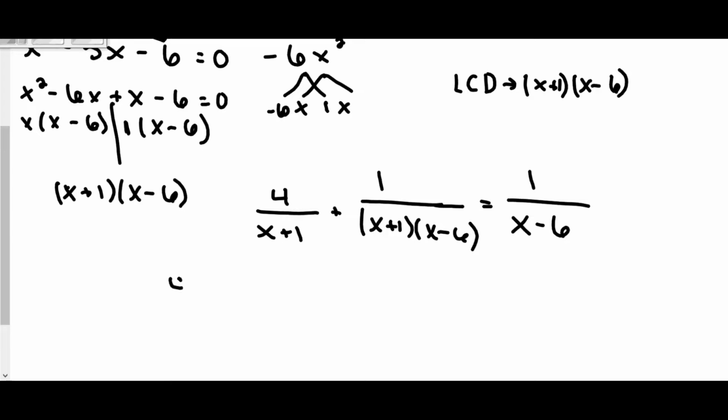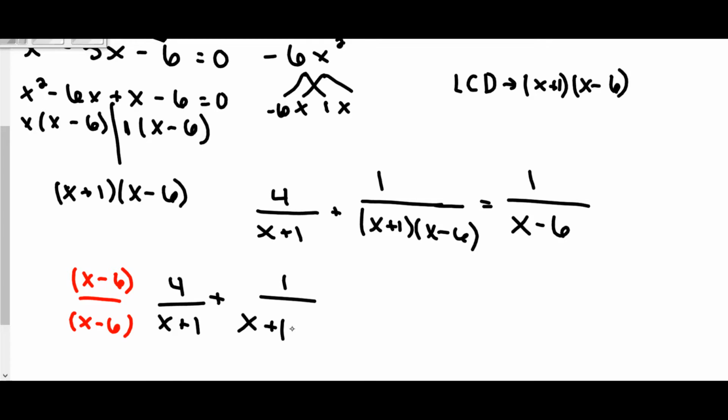So 4 over x plus 1, let's look at what the bottom's missing. The bottom's missing x minus 6, so I'm going to multiply the top and the bottom by x minus 6. Plus 1 over x plus 1 times x minus 6 isn't missing anything, so we don't need to multiply by anything. It already has our LCD. Equals x minus 6, well, that's missing our x plus 1. So we multiply the top and the bottom by x plus 1.